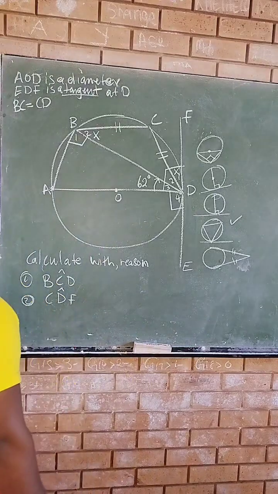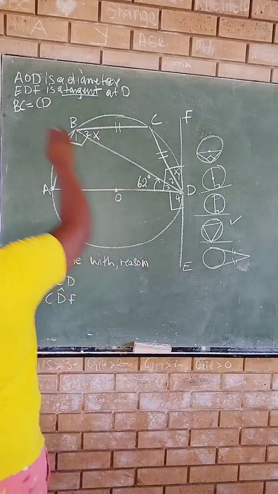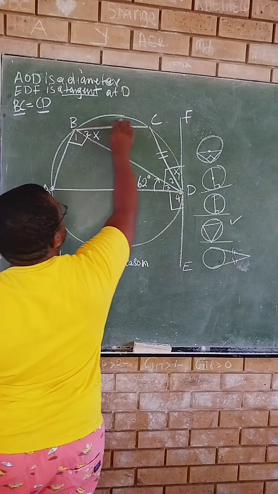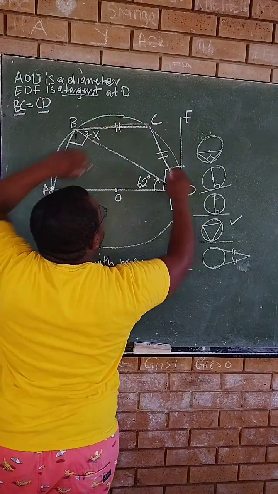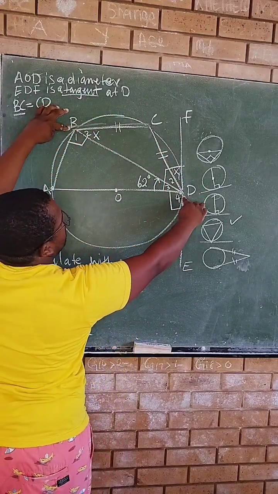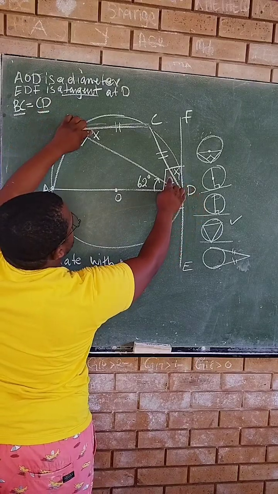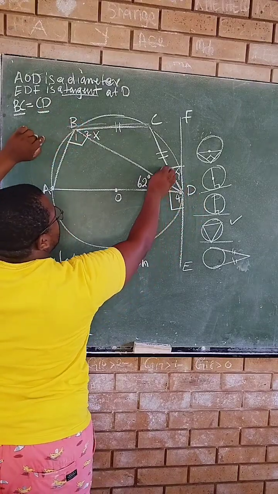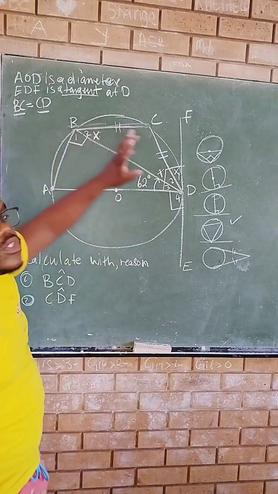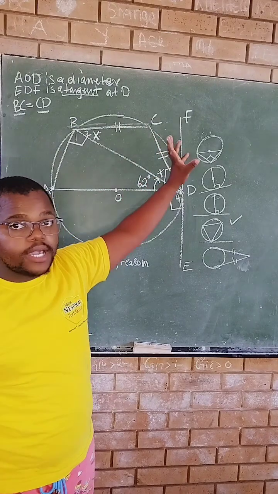Then they continue to say BC is equal to DC. Now this is an isosceles triangle. That means these two angles are equal. So that is what we know from this diagram, okay?